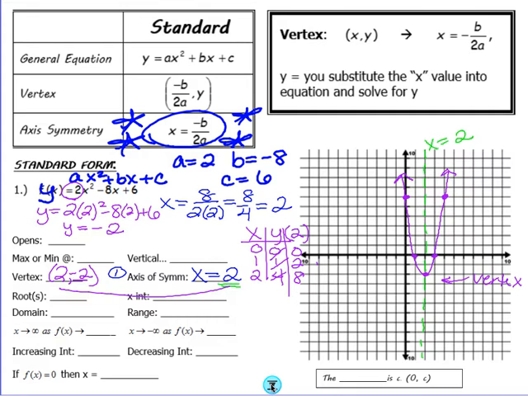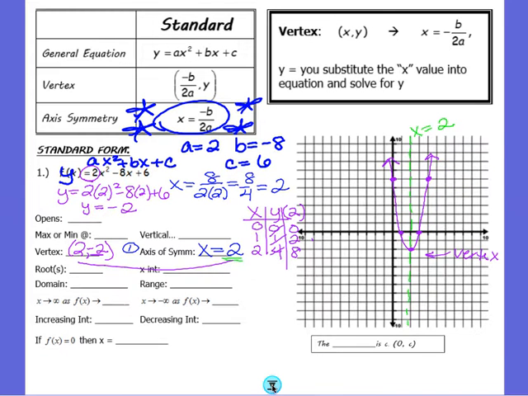Now we can go ahead and answer the information that is required. So it opens up because our a is positive. We have a minimum, and our minimum value is negative 2. This is a vertical stretch. Our roots are the same thing as our zeros.